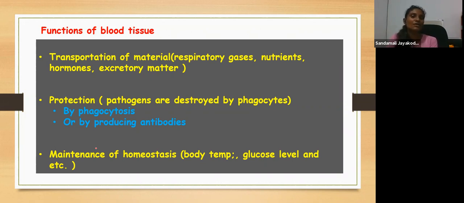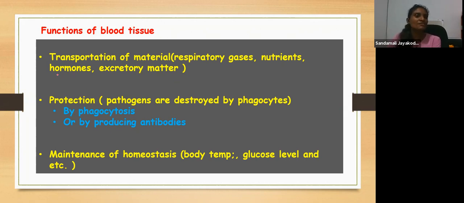All of these are transported throughout our body. Respiratory gases are transported between all the cells and the lungs. The lungs give oxygen and it comes to the heart, and then the heart pumps the oxygenated blood to the other cells of the body.